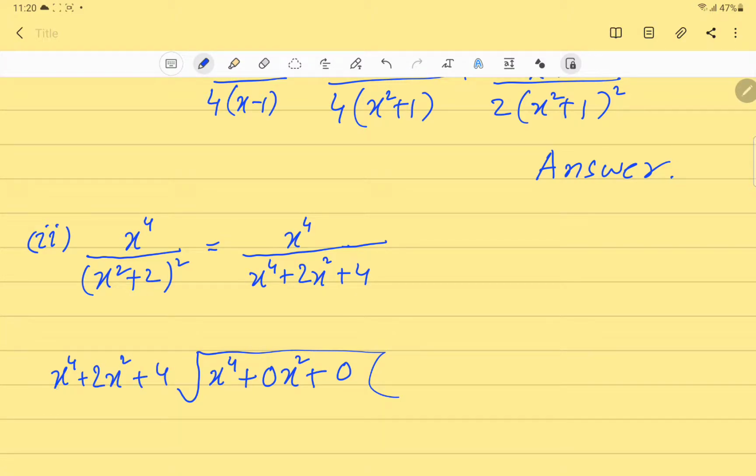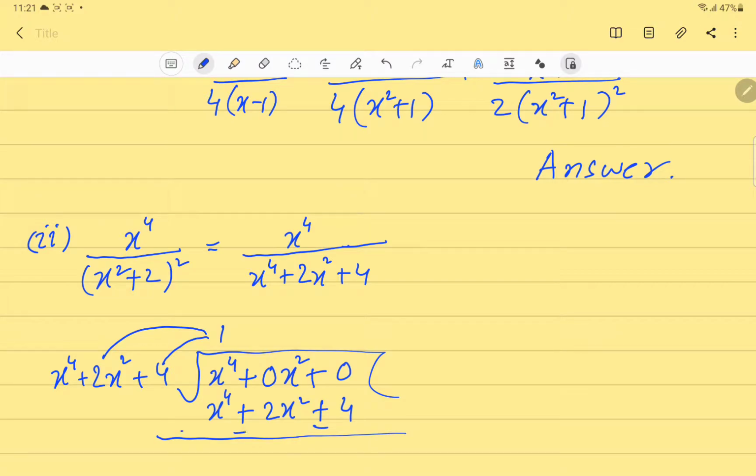We have to multiply with some term which will give us this x^4. So obviously it is 1. When we multiply it by 1, we get x^4. We will multiply 1 with this 4x squared also, and we multiply 1 with this 4 also.